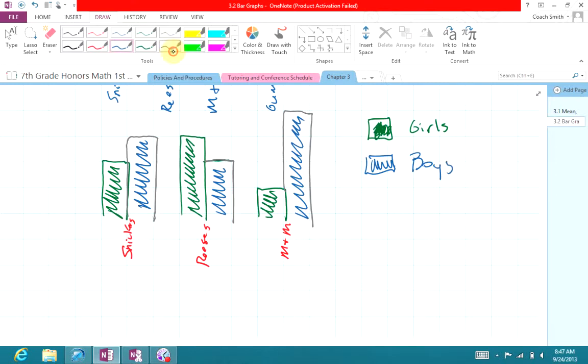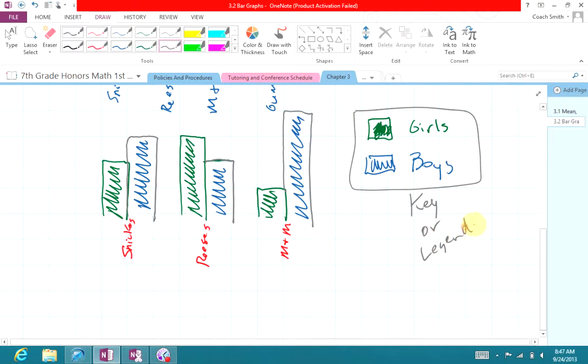Okay, we call this right here a key or legend. Okay, both of those terms are used fairly often for that. Now, when you have a double bar graph, you must have a key or legend. Okay, if you don't, then people won't know which one of the bars means what.